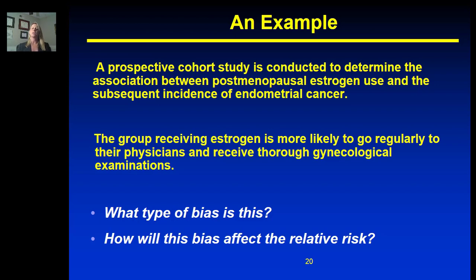If our hypothesis is that estrogen use is associated with the risk of endometrial cancer, and we're looking more closely for the outcome among the people with the exposure than among those without the exposure, we're most likely going to get a measure of association that's larger than the true measure of association. And so that will bias us away from the null.